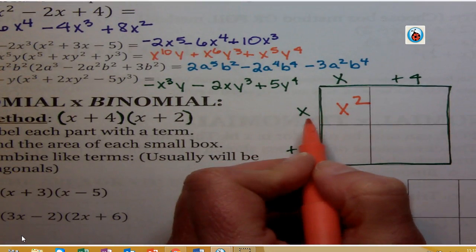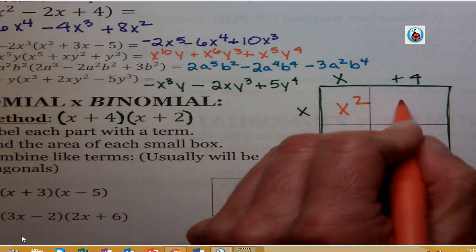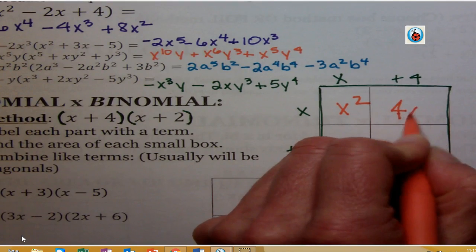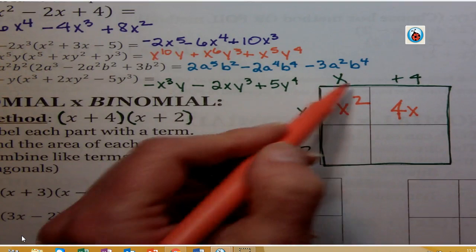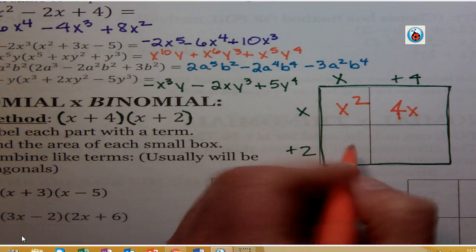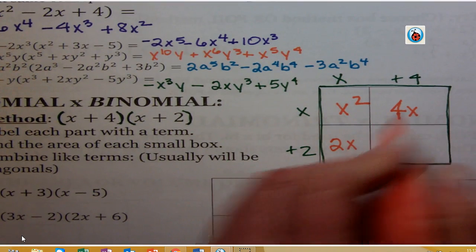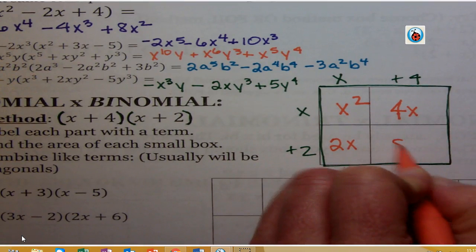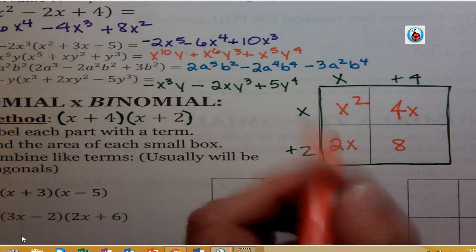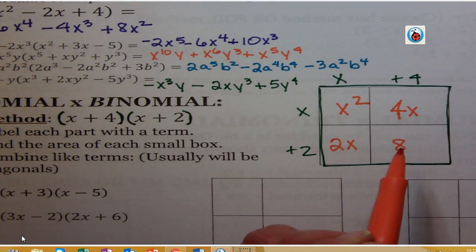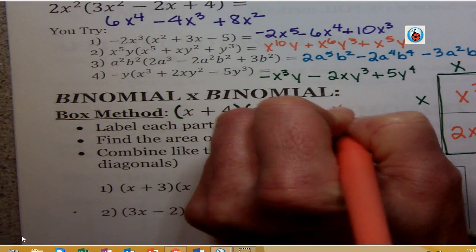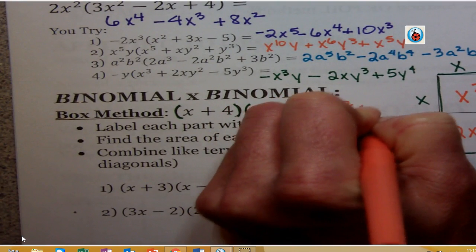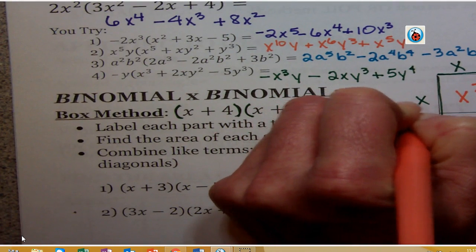When I multiply x times 4, I get 4x. When I multiply x times 2, I get 2x. When I multiply 4 times 2, I get 8. So then I put all of these numbers into an equation, and you would get x squared plus 4x plus 2x plus 8.